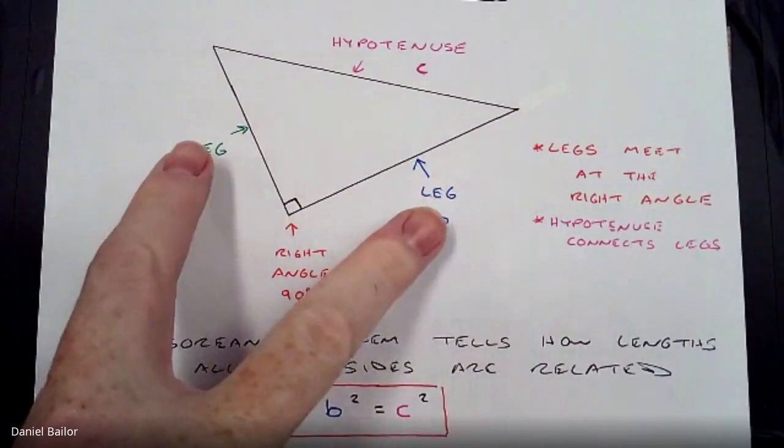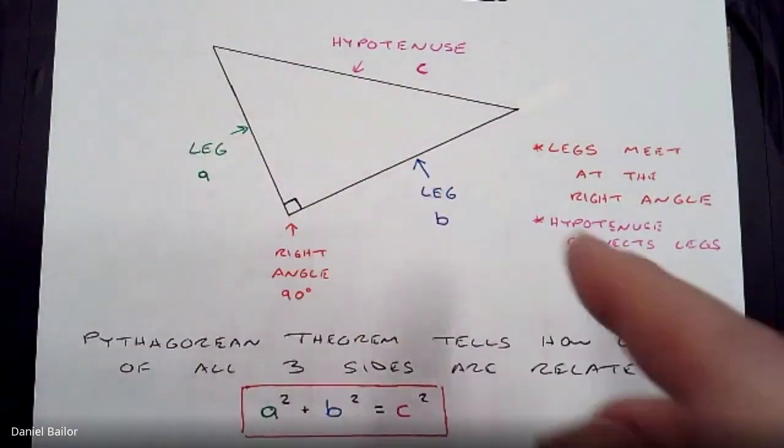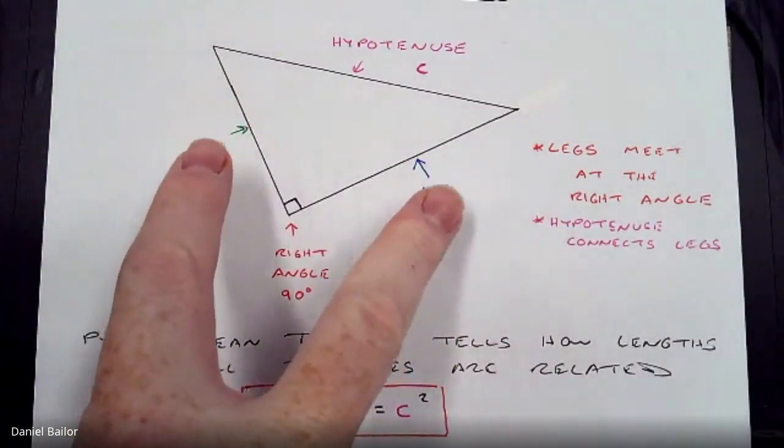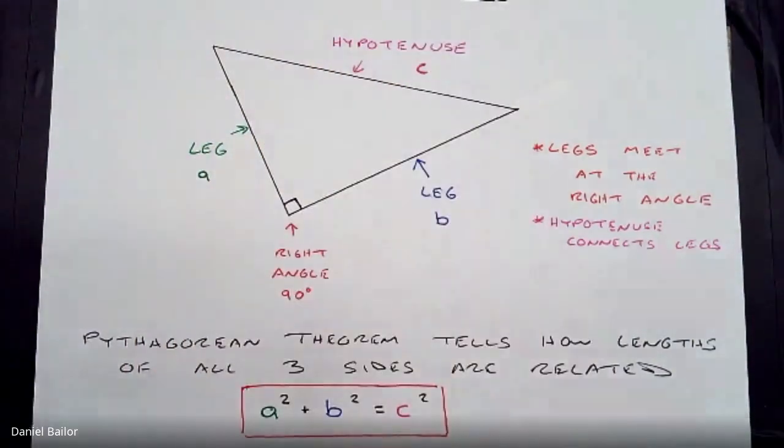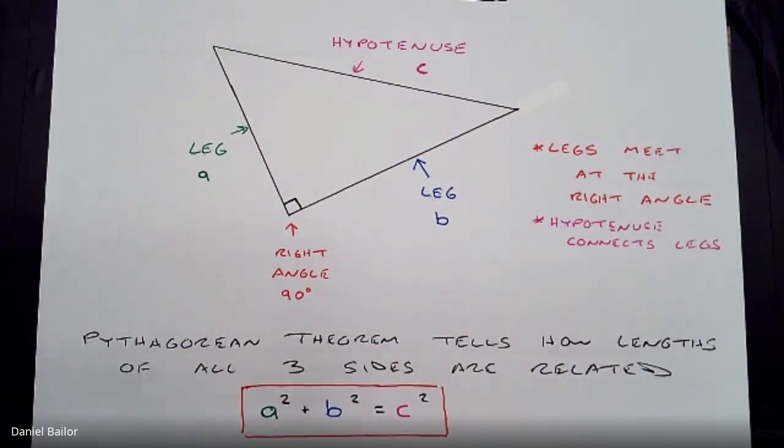The two sides can be put into an equation. The two legs can be put into an equation to find the hypotenuse. That is the Pythagorean theorem, where if you have a right triangle and you know two sides, you can find side number 3.